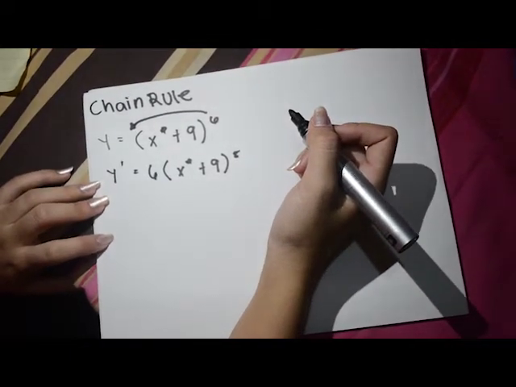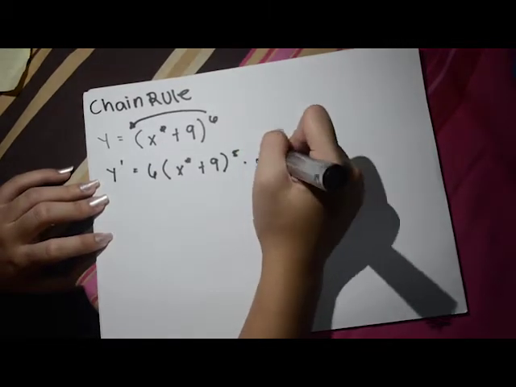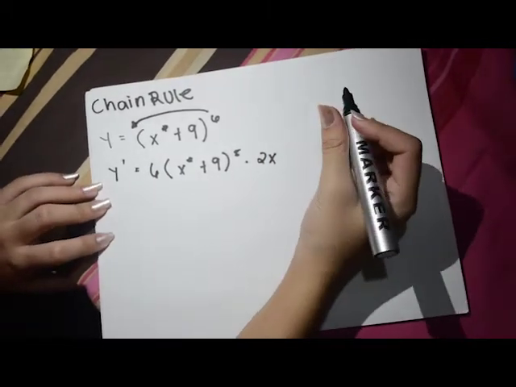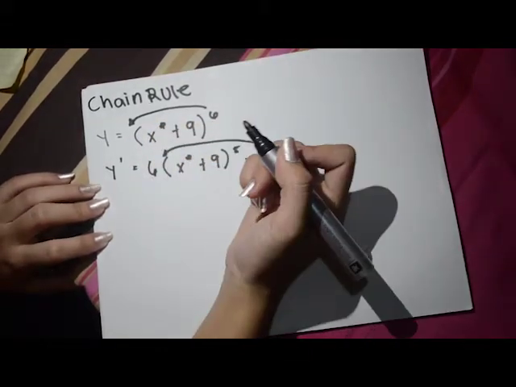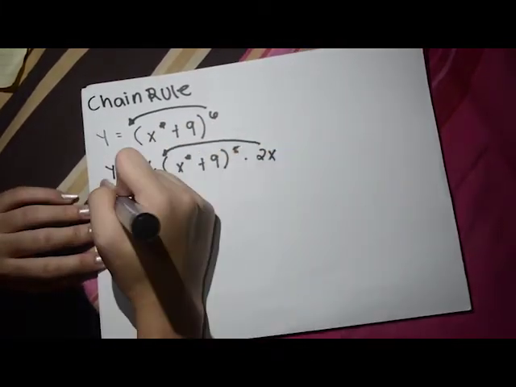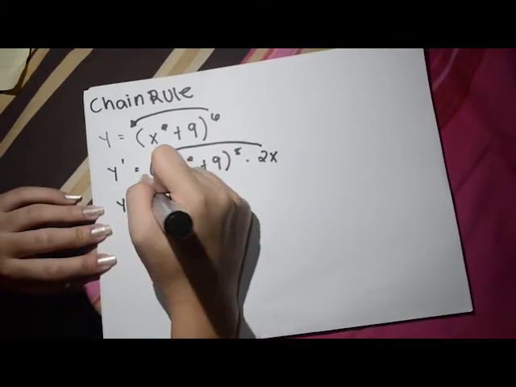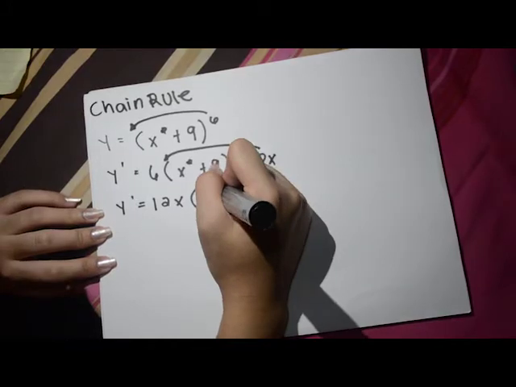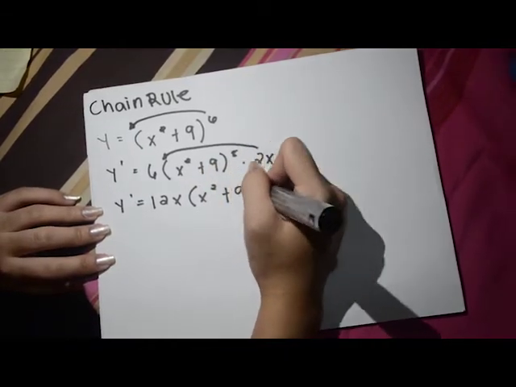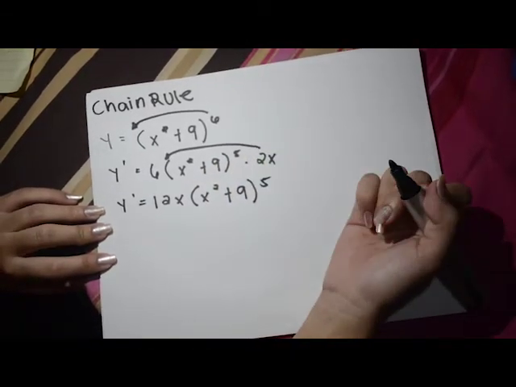Then multiply it with the derivative of the function x squared plus 9. Simplify your answer by multiplying 2x to 6, which will give you the derivative of f of x is equal to 12x times the function x squared plus 9 raised to 5.